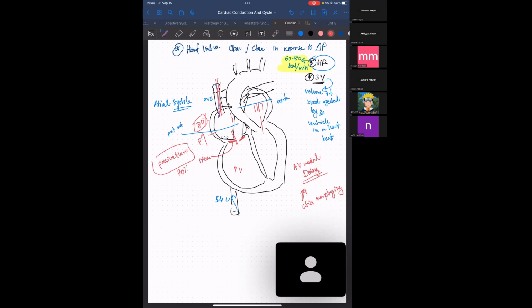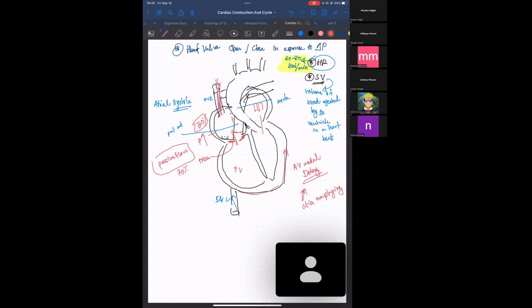And then the impulse will travel through the AV node to the bundle branches and Purkinje fibers, and it will reach the apex. And from the apex, there will be an upward, and actually outward, contraction of the ventricles.